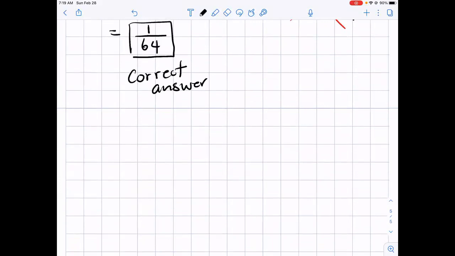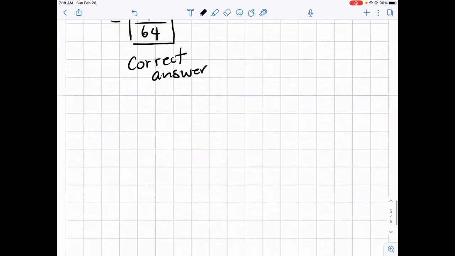Very common also is when we have scenarios written this way. If you're asked to simplify 2xy squared raised to the third.